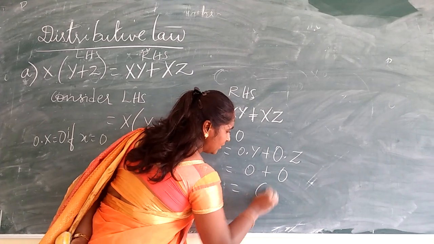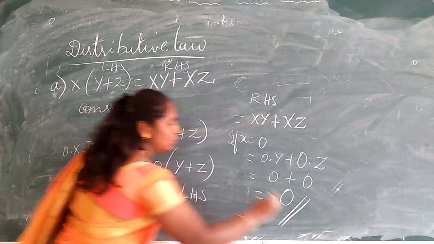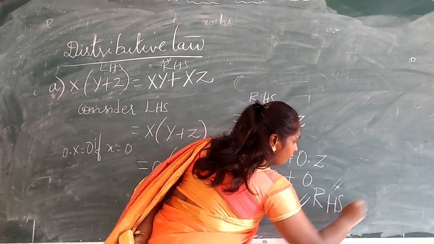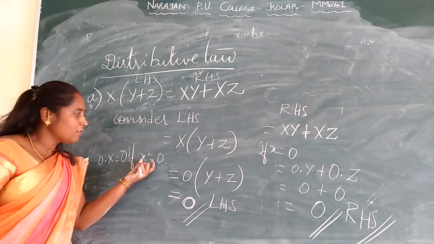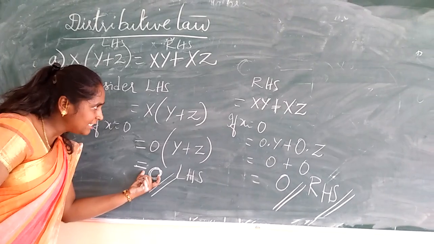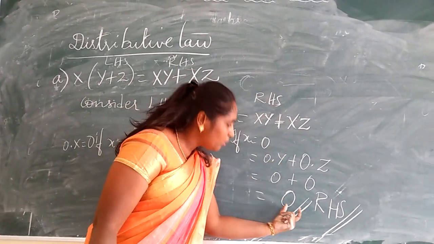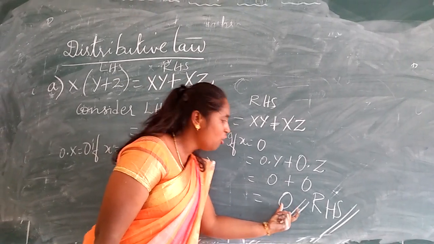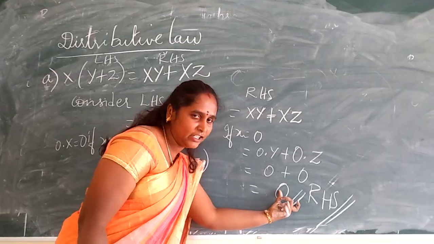You are going to get the result as 0. So when you substitute x equals 0, your LHS gives the result 0, and in your RHS you get the value 0. In both conditions, LHS is equal to your RHS.